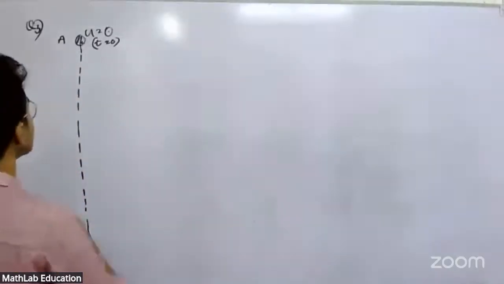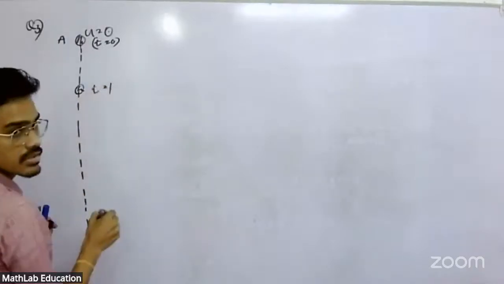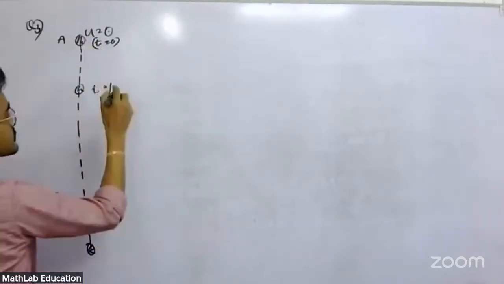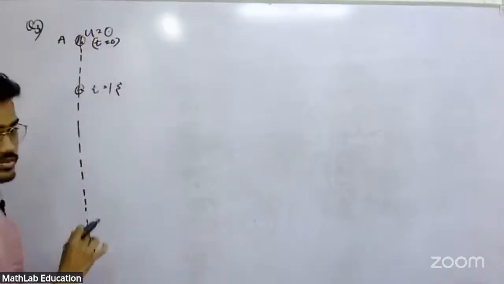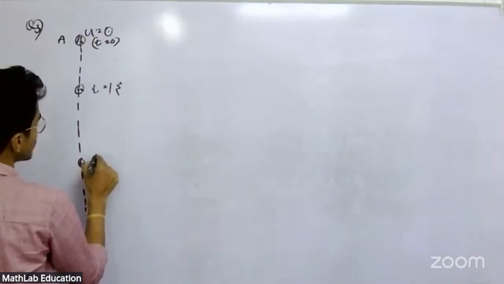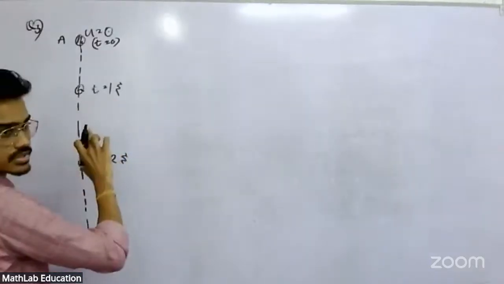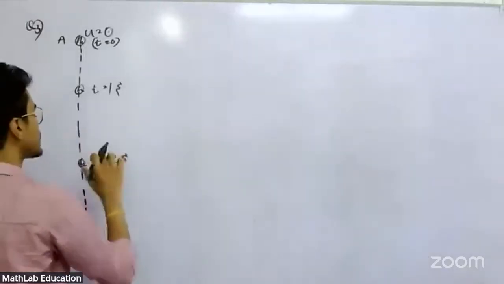First second is from t equals 0 to t equals 1. So this is the first second of the motion. And from t equals 1 to t equals 2 seconds, this is the second second of the motion.